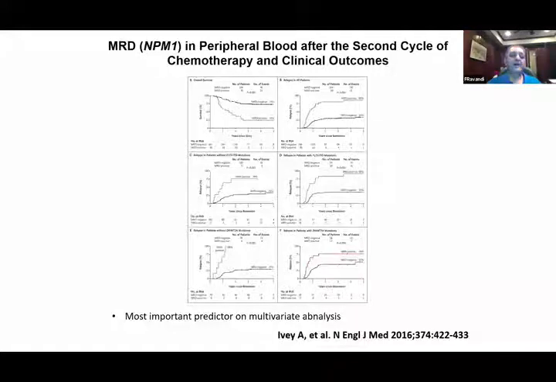So you can clearly use NPM1 as a measure of residual disease in this study in peripheral blood, but also in bone marrow exam.